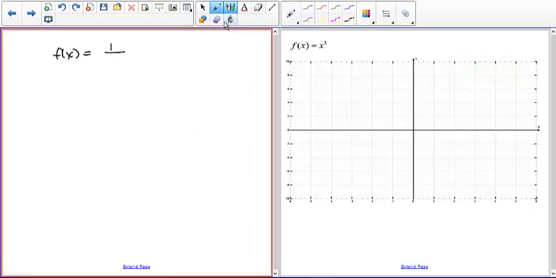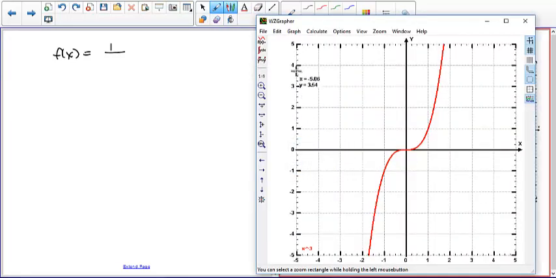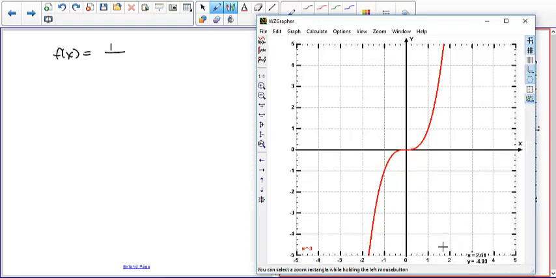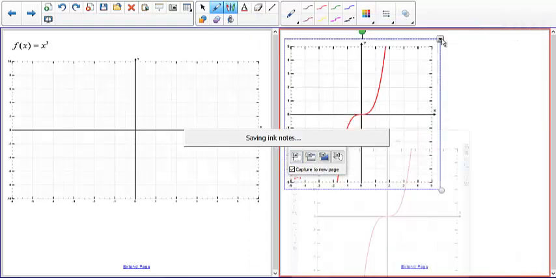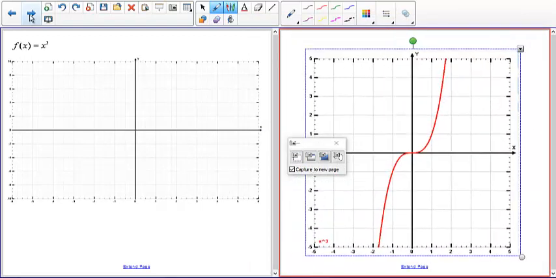Now we're going to take a picture of that. And where's my camera? There it is. Go over here, take a picture of that. Okay, so that's y equals x cubed.